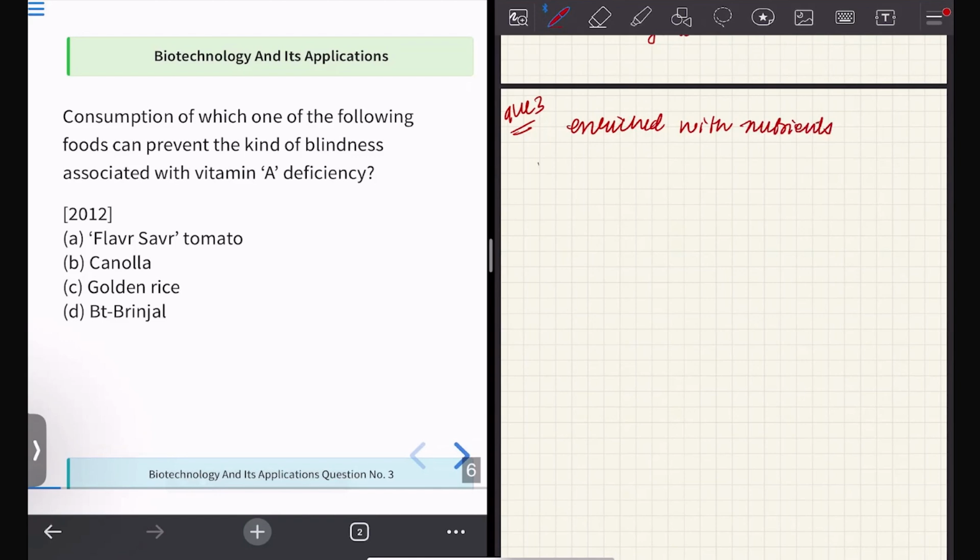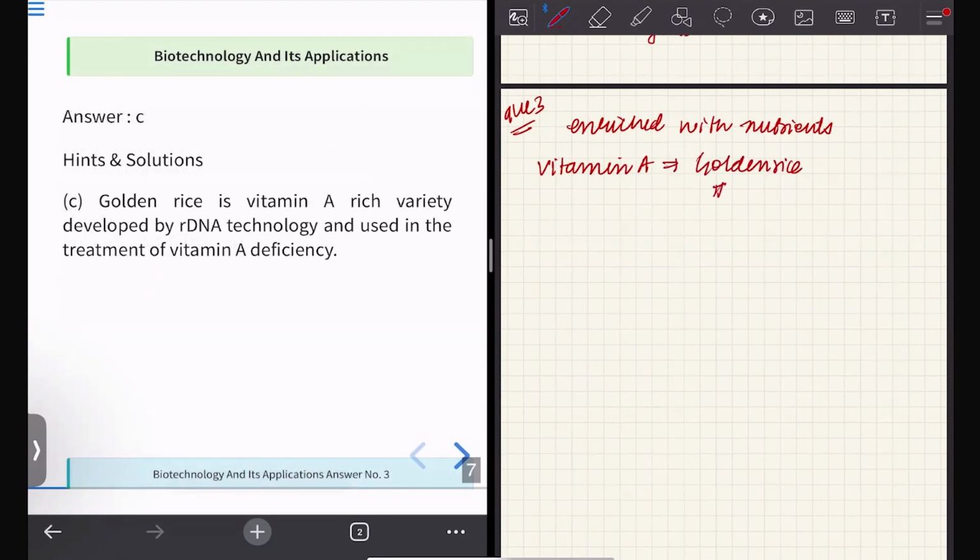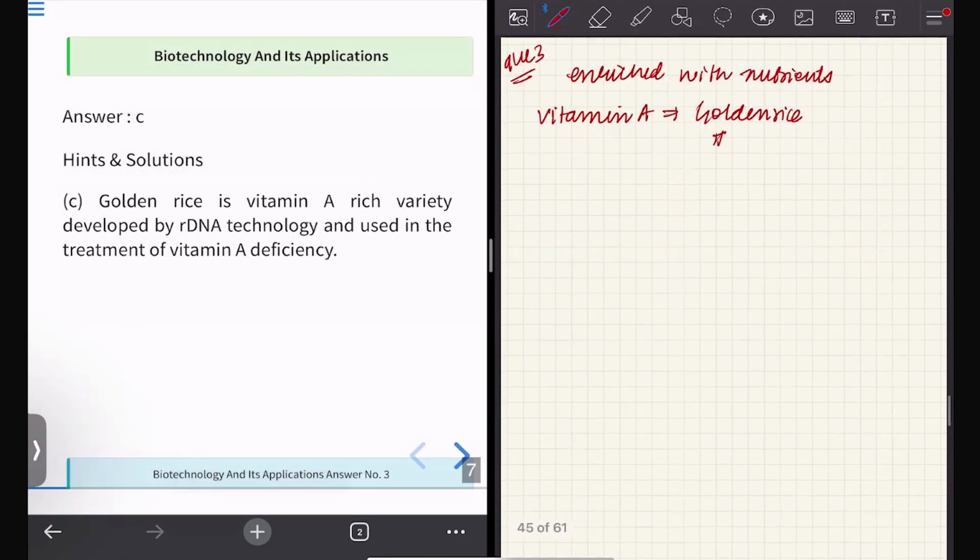The one which is enriched with vitamin A is golden rice. So golden rice is the species of rice which is vitamin A enriched. And how is this produced? It is produced with rDNA technology, in which specific genes are introduced in the host.